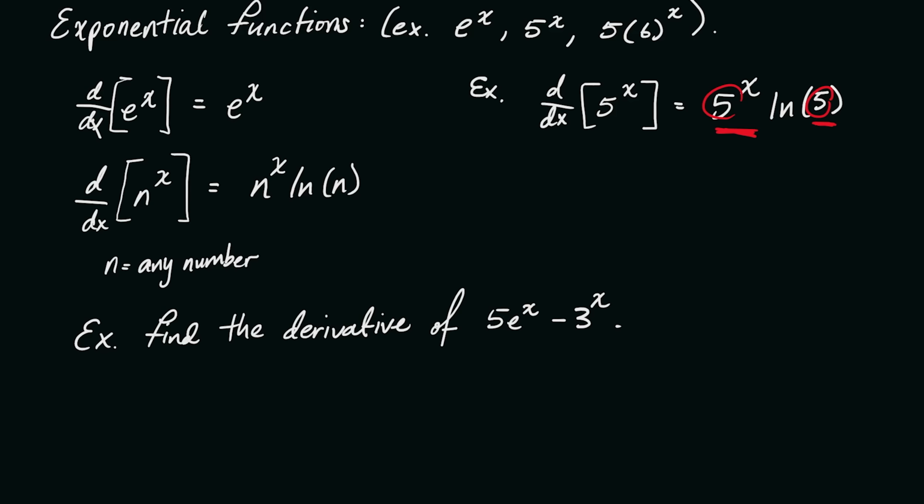So now let's try to use the rules here. Our first term is 5 to the e of x, and then our second term is 3 to the x. We can use this difference rule, right?